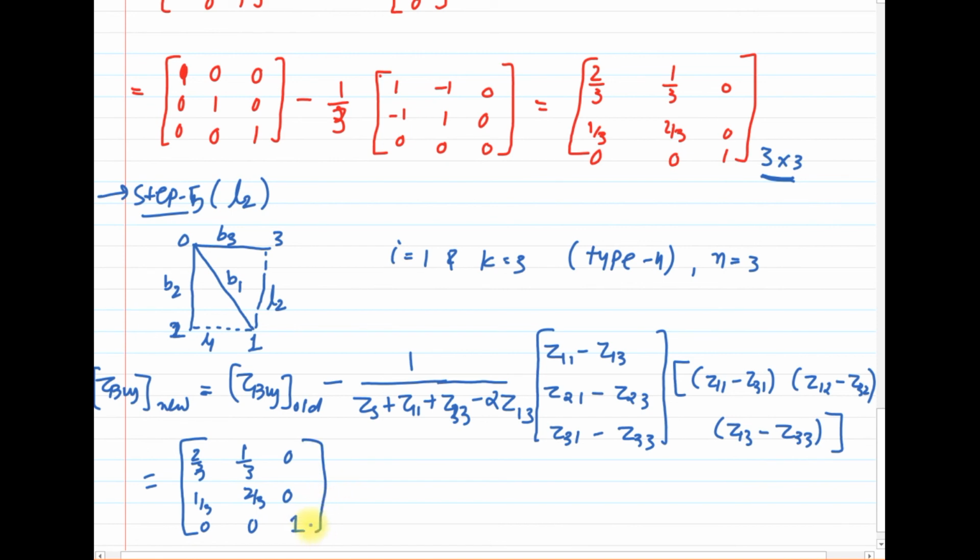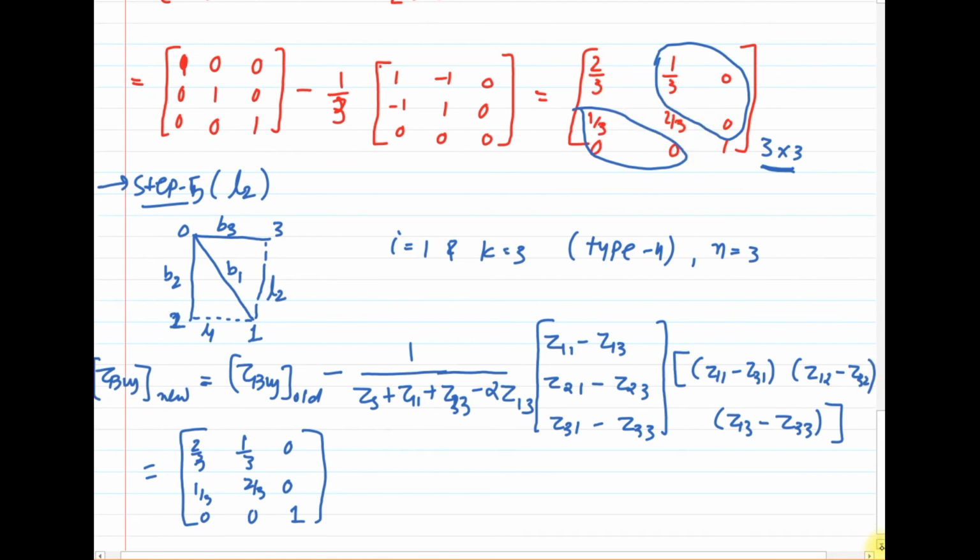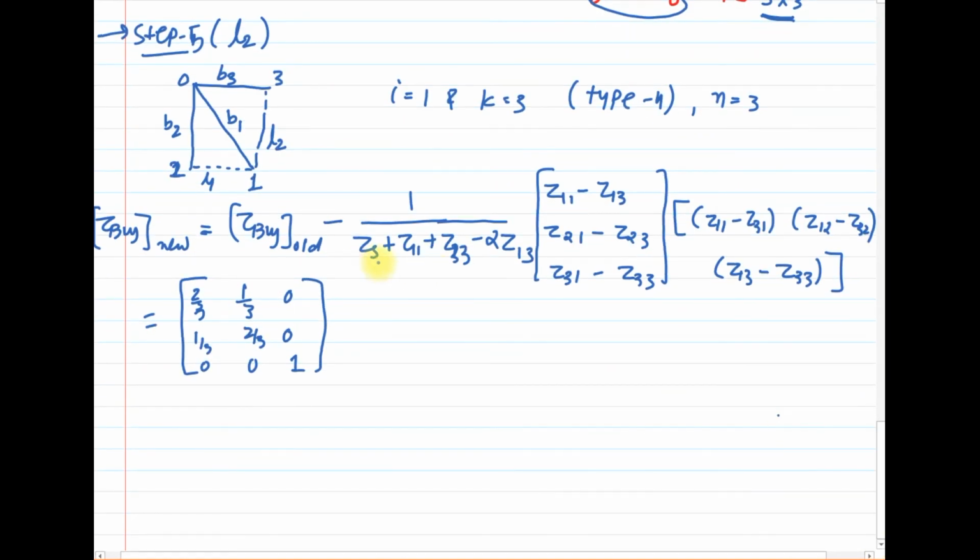Yes, you can see this is a symmetric matrix, that means the upper triangle and lower triangle of the matrix will remain the same, only you can see the change in the diagonal elements. Okay, so let us consider the value of each and every parameter.